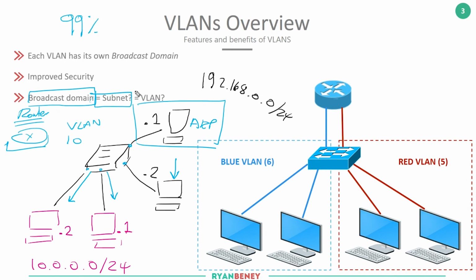And there are some very, very corner case designs that you'll come across where, for whatever reason, you have 2 different subnets inside the same VLAN. But way beyond the CCNA, what I want you to really understand is just the differences between what a broadcast domain is versus a subnet versus a VLAN.